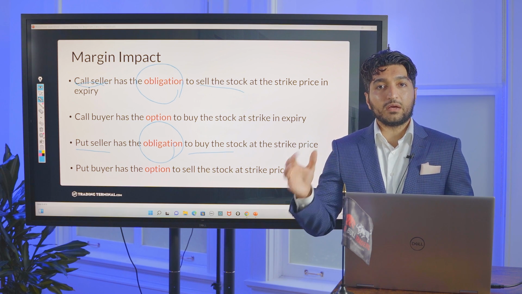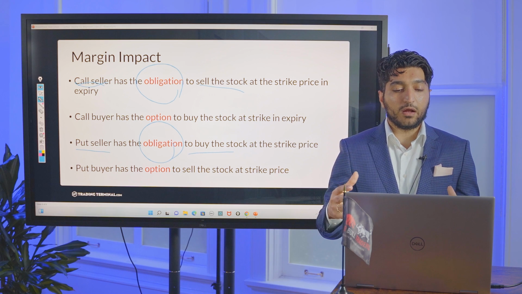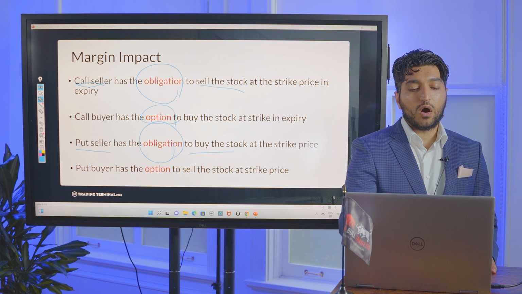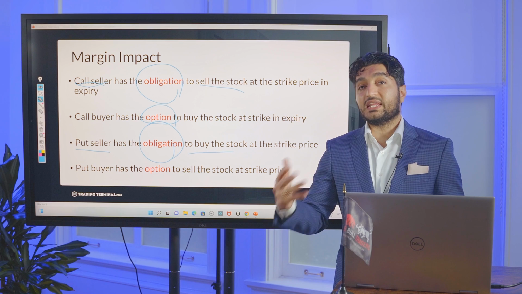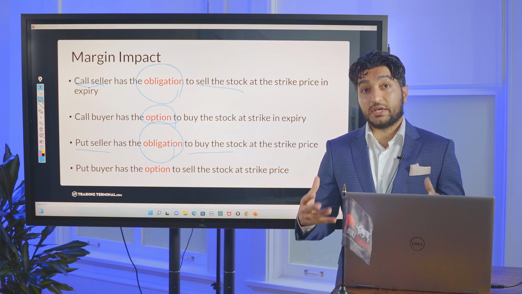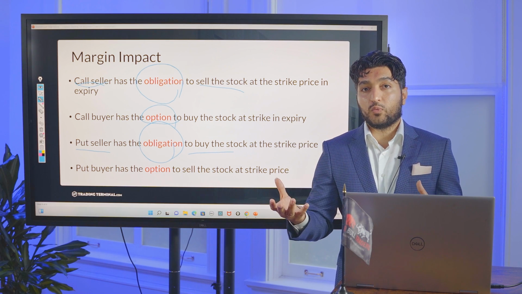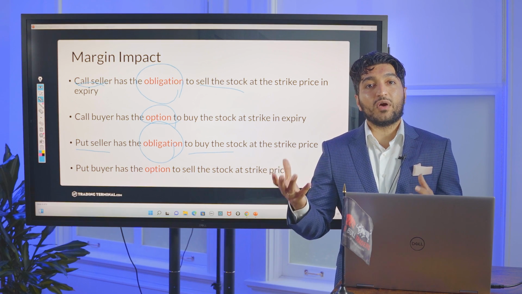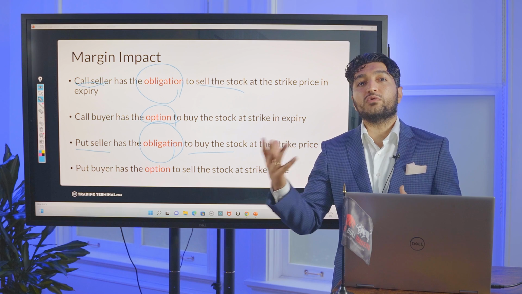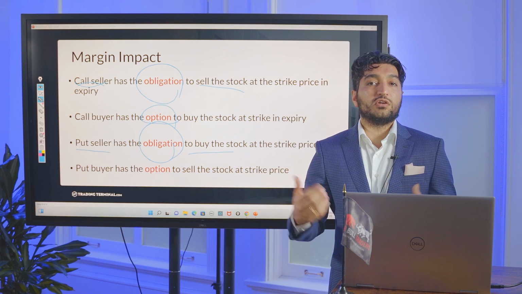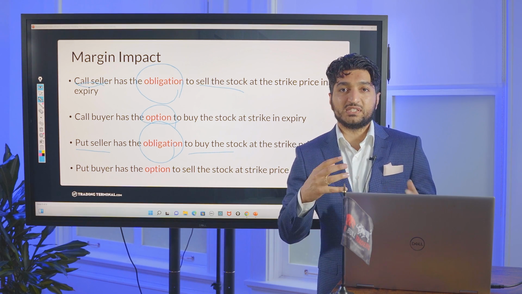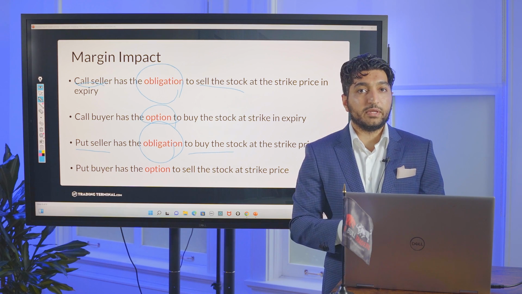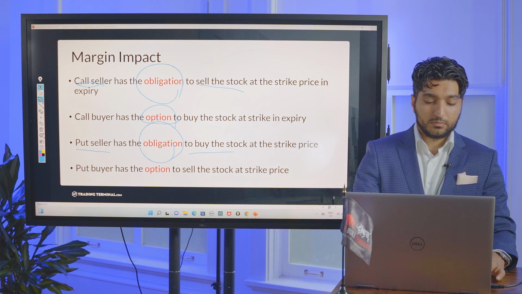Whenever you're buying an option, you have the option. There are no obligations. But whenever you're selling an option, there is an obligation. So in a worst case scenario, let's say you sold some puts on Apple, you have to have enough money to buy 100 shares of Apple for every contract that you sold. So understanding your risk and your risk management becomes really important.